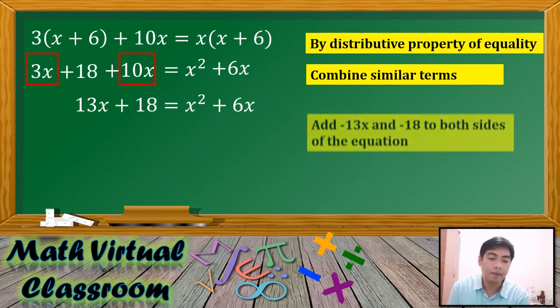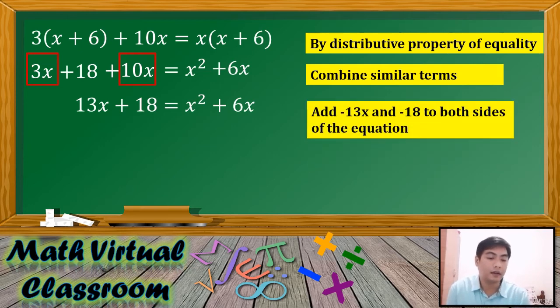The next step now is to add negative 13x and negative 18 to both sides of the equation so that one side will be equal to 0. So let us have negative 13x on both sides and negative 18.